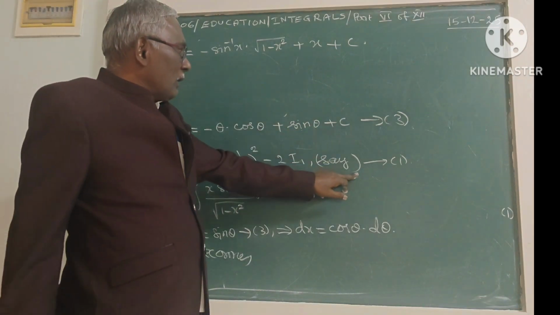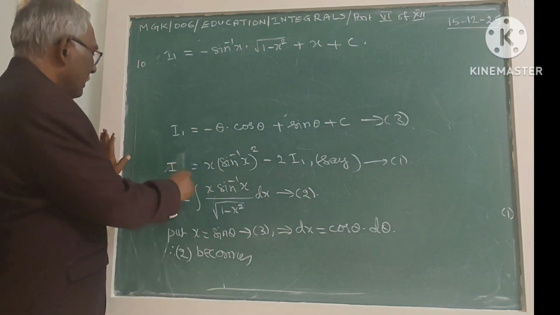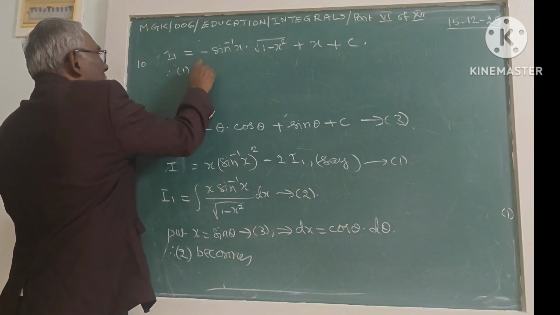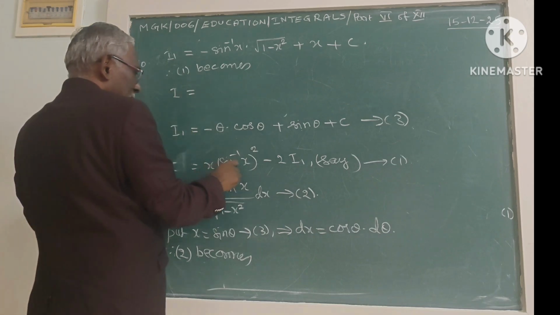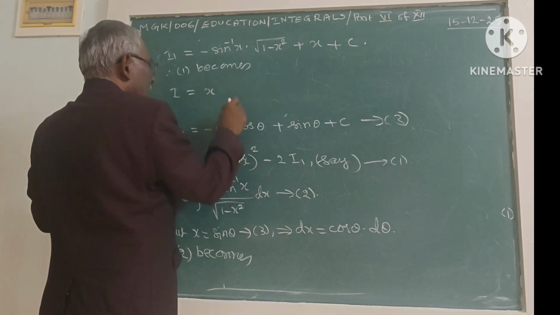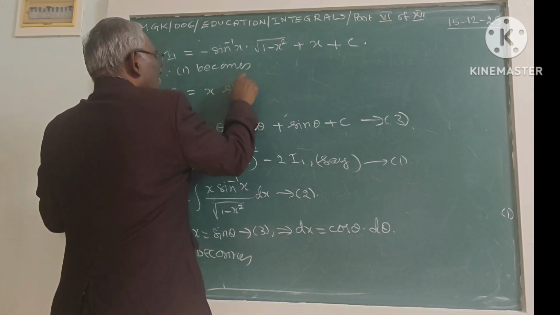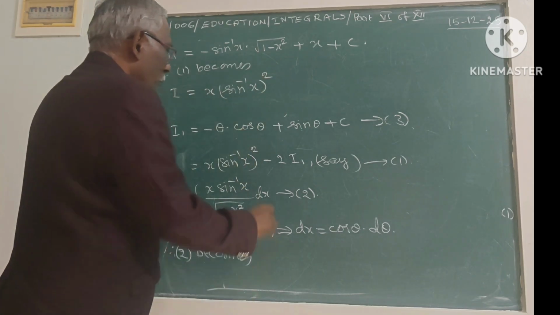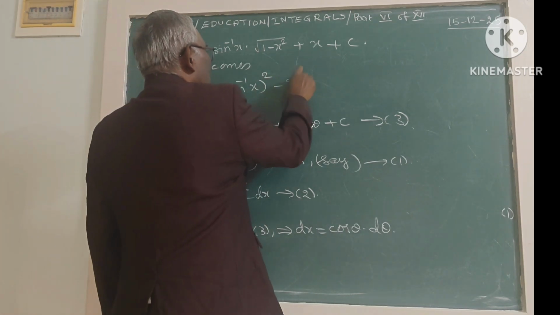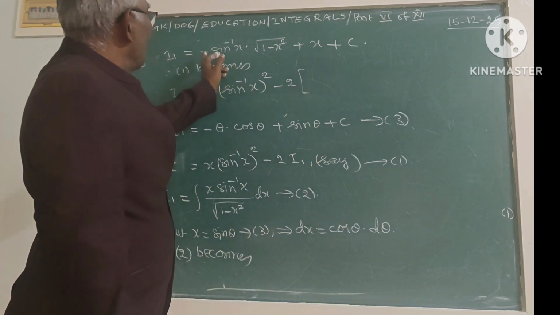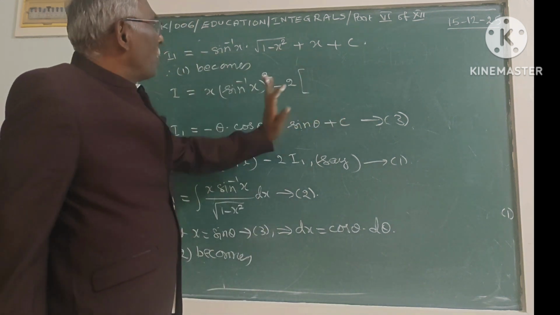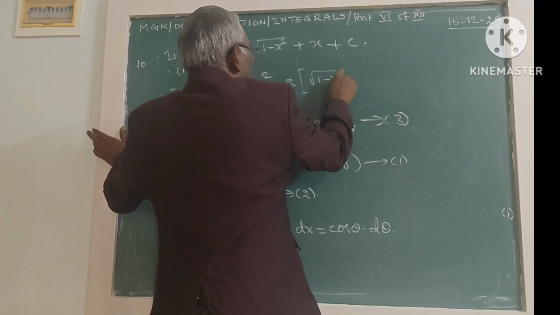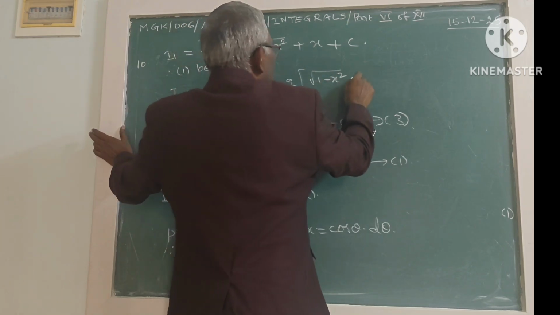Substitute this in 1. We get I is equal to x (sin⁻¹x)² minus 2 times, because more than 2 terms are there, put a bracket, √(1 − x²) into sin⁻¹x.